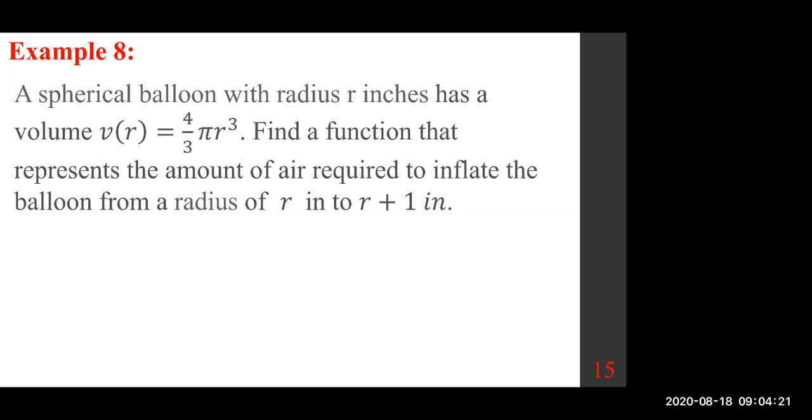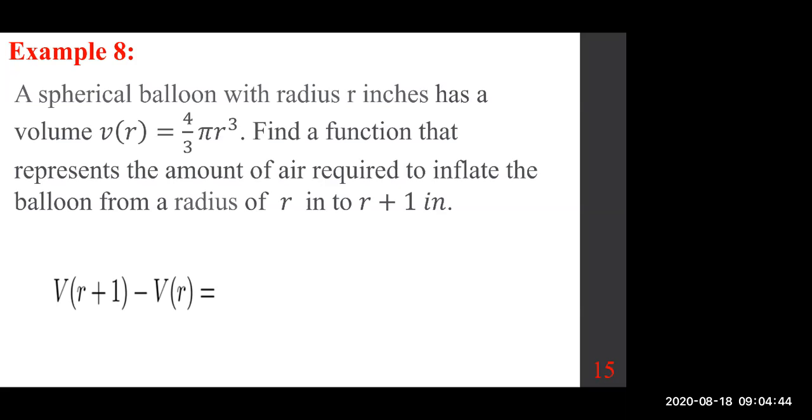So simply put, we calculate the V at r plus 1, subtract from it the V of r. V of r is given, 4/3 pi r cubed. Now replace the r with r plus 1 also. So V of r plus 1 minus V of r, okay?